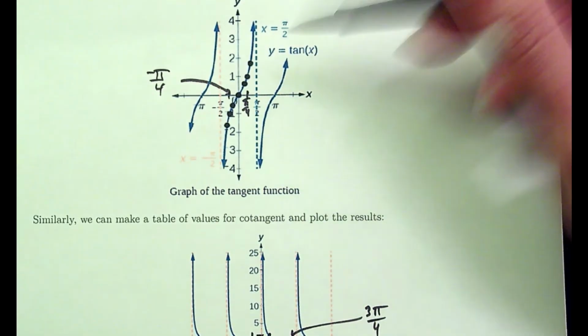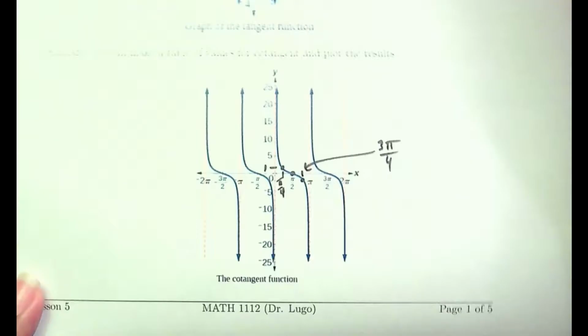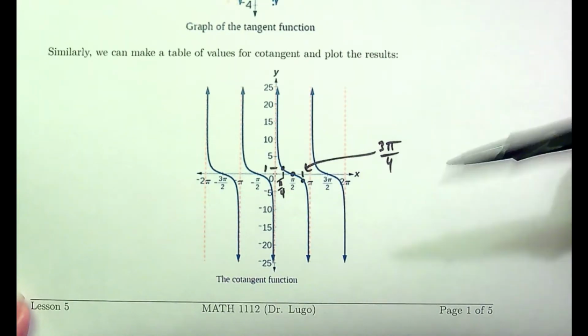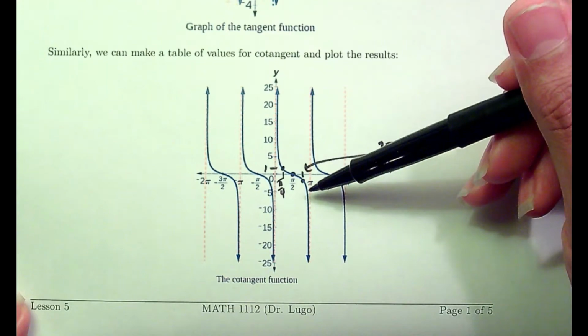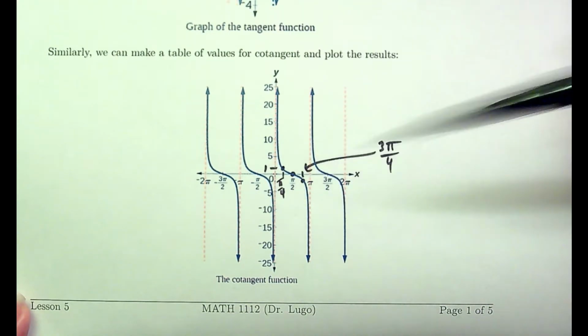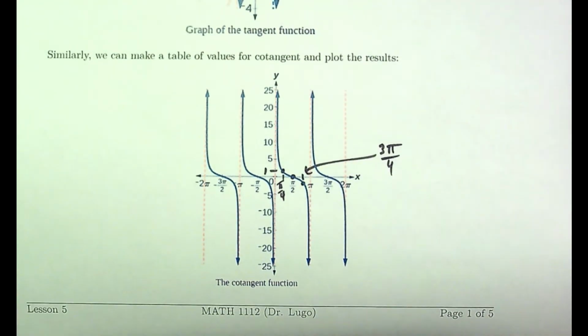Negative 1, 0, 1 for the y coordinates. Here is the same y coordinates but in reverse: 1, 0, negative 1. So remember those basic shapes, and we should be able to use that to sketch graphs.